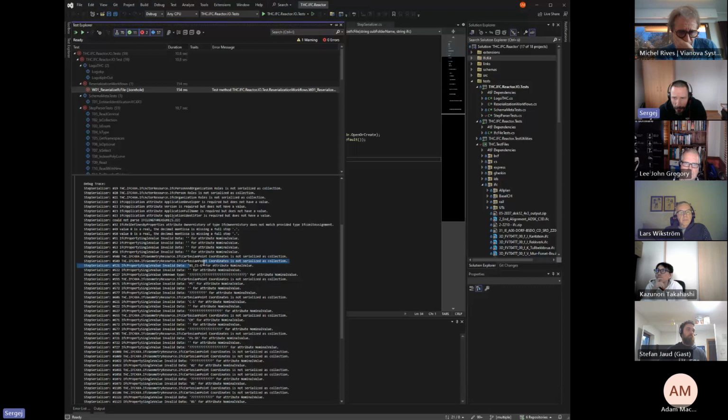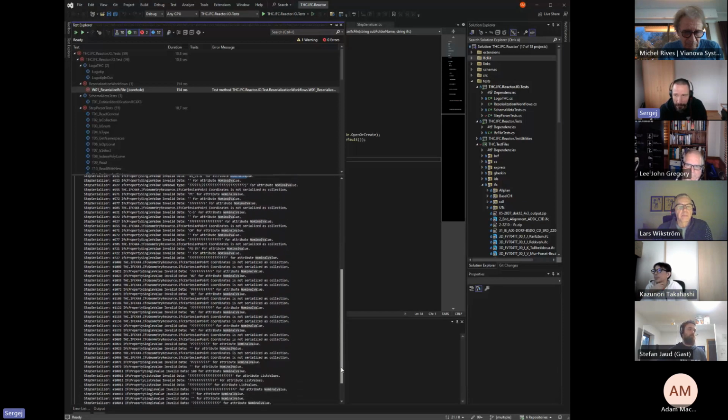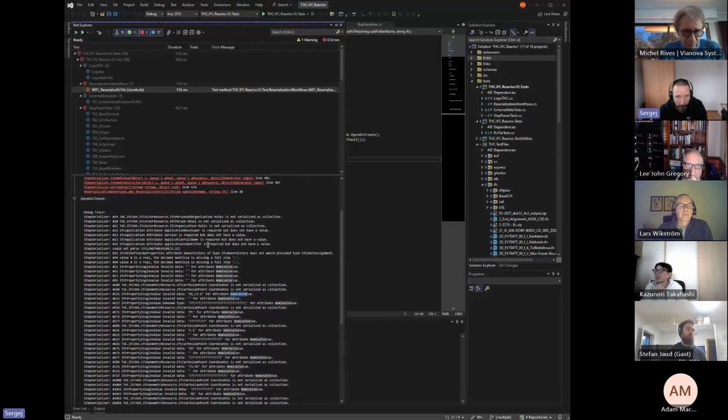So, invalid data, for example, for nominal value. Okay, this you said you already corrected, and so on. So it's mainly technical serialization issues. So I would just like to go through those very specifically. Required proper attributes not filled in, and so on.